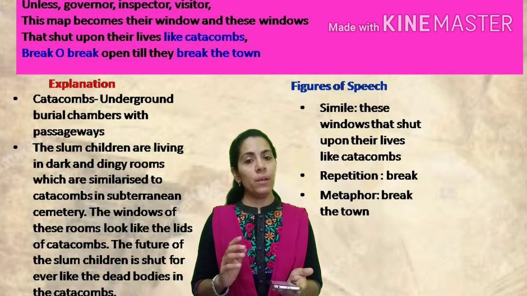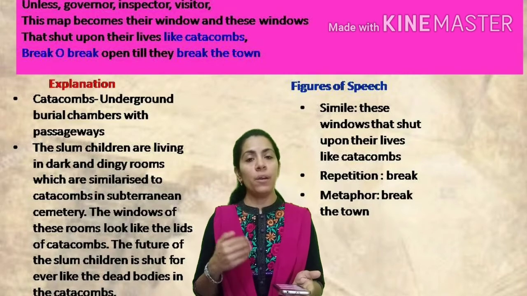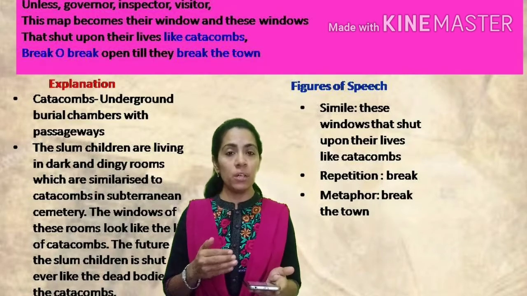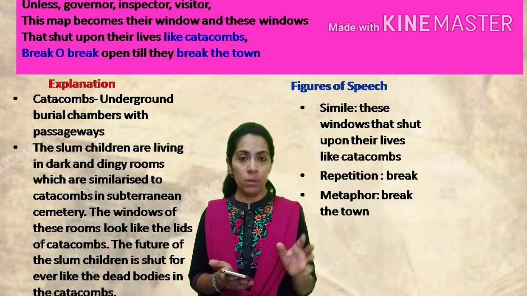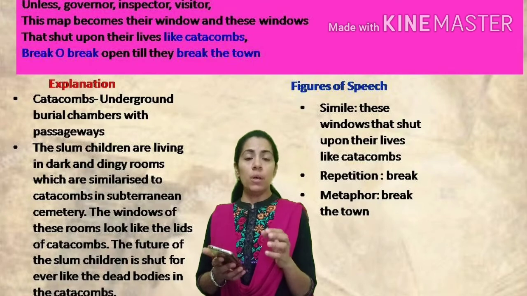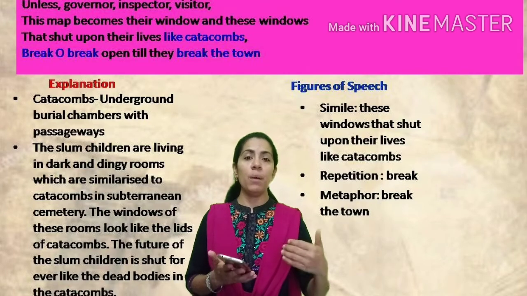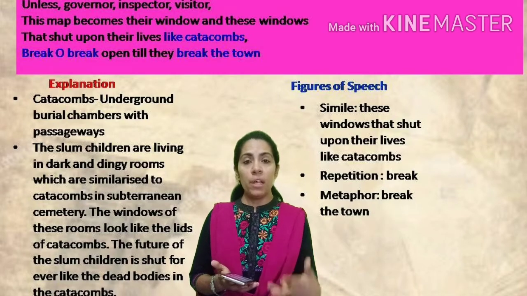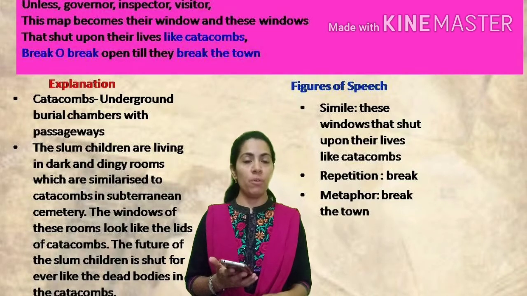It will go on until or unless some people who are in power, the governor, inspector, visitor, the governing authorities, the visitors who are coming to the school, the management bodies, or the educationists, the lawmakers, come to the front and take the lead and pledge to change the condition of these slum children.